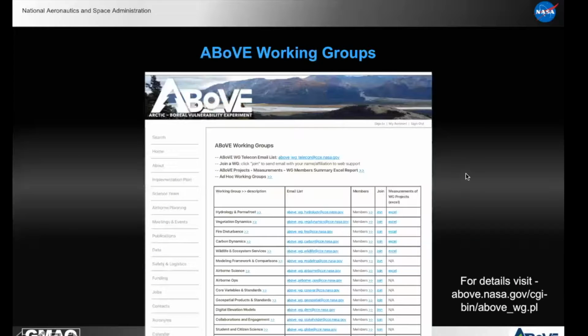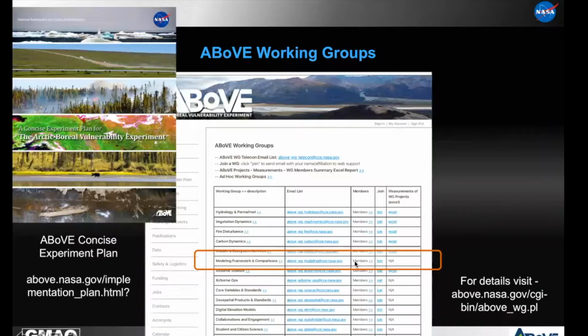So now in general, the overall organizational structure for ABoVE, for those of you who may not be aware of this, is that it is broken into different working groups. Pretty much each working group was originally set up as per ecosystem indicators, for example, hydrology and permafrost, vegetation dynamics, etc. And under that same charter, we have what we call the modeling framework and comparisons group.